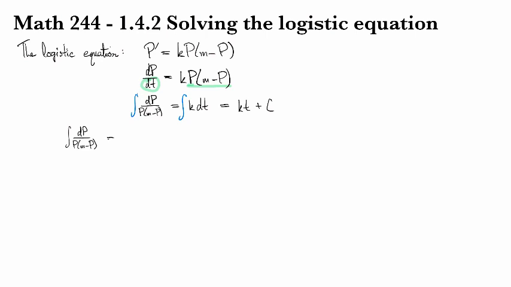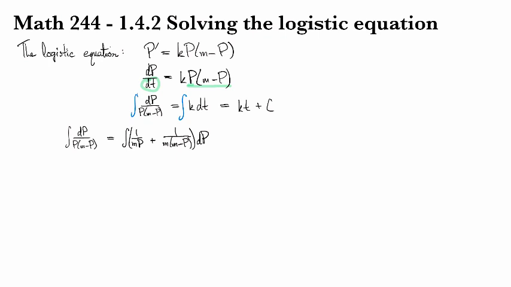So we do a partial fraction decomposition, and we get the integral of 1 over M times (1 over P plus 1 over M minus P), and then this whole thing is integrated with respect to dP.